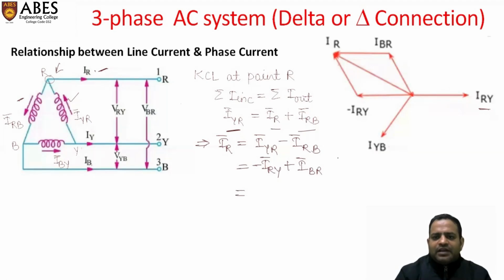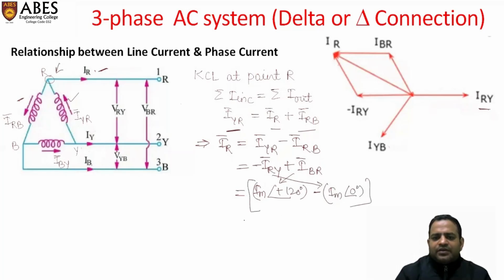What is the value of IBR? IM angle plus 120 degree, minus of IM angle 0 degree.